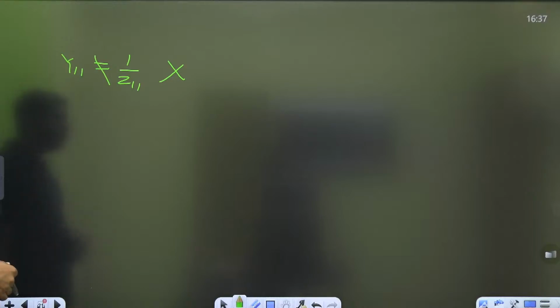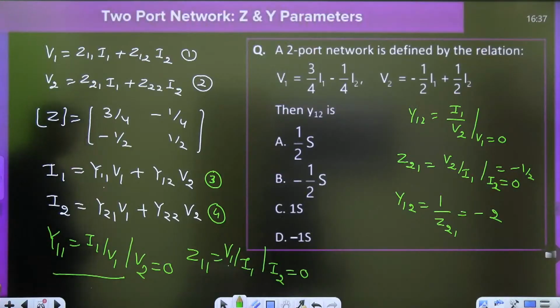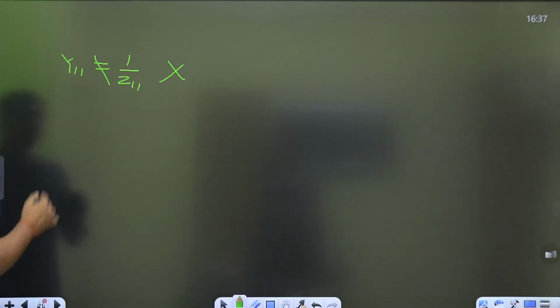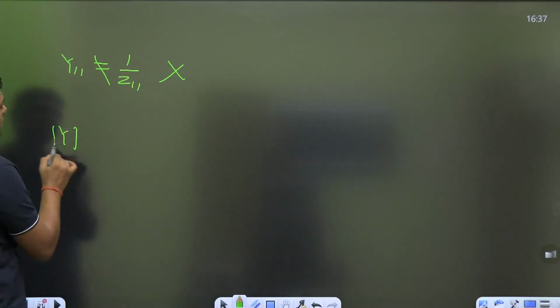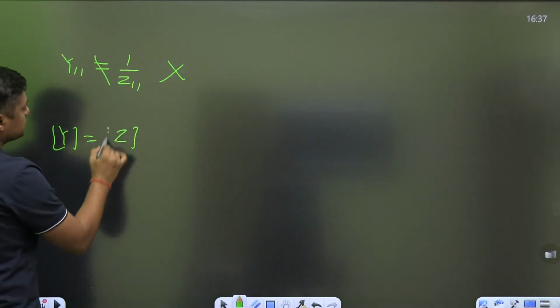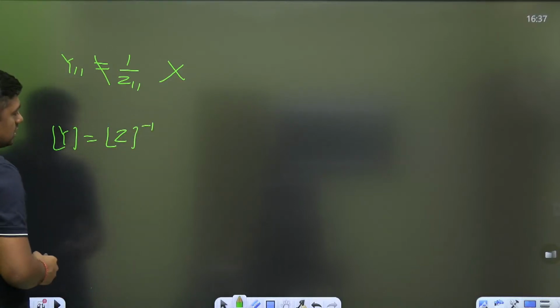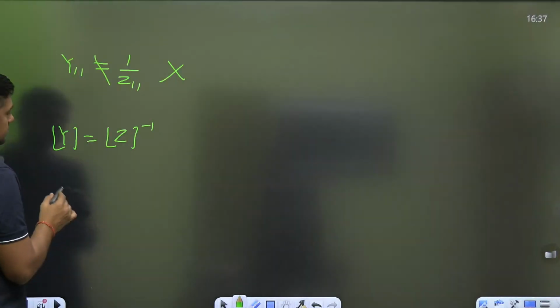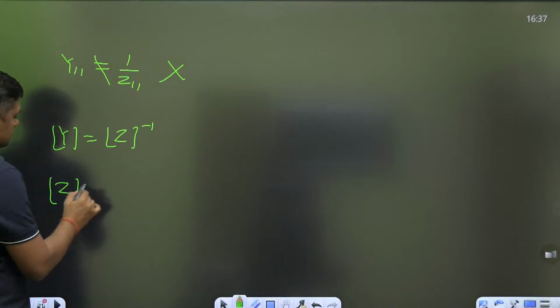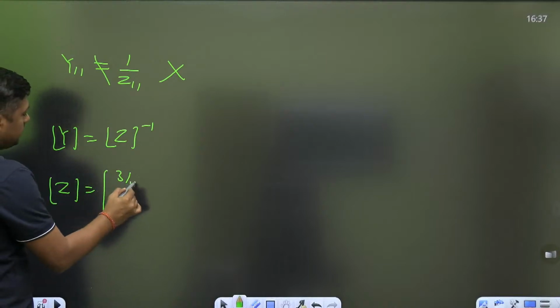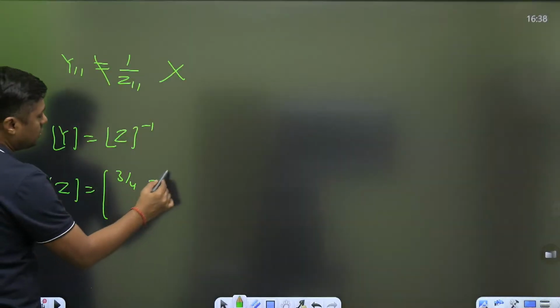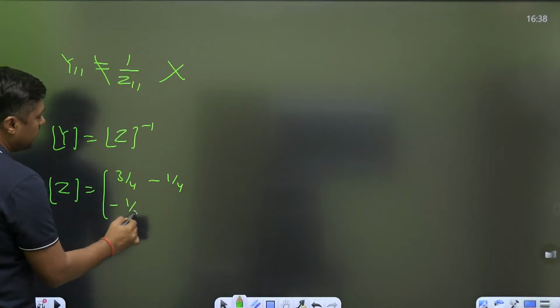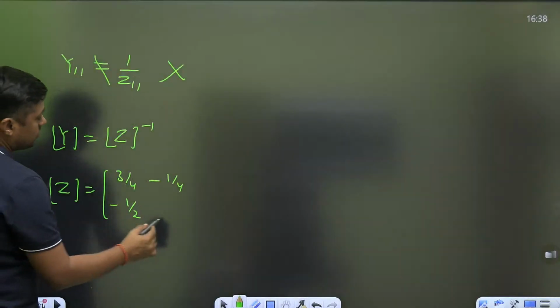So if you want to find the Y parameter, we have two methods. First, get the Z matrix and find its inverse. The Y parameter is nothing but the inverse of the Z parameters. So what is the inverse of this matrix: 3 by 4, minus 1 by 4, minus 1 by 2, 1 by 2?